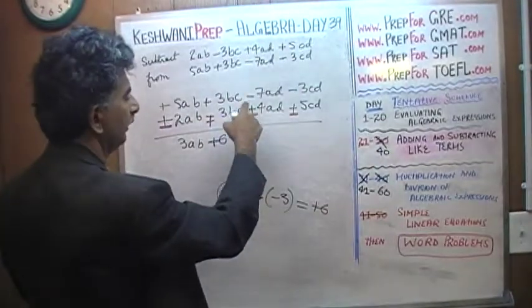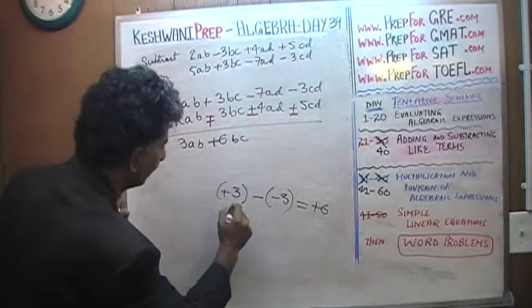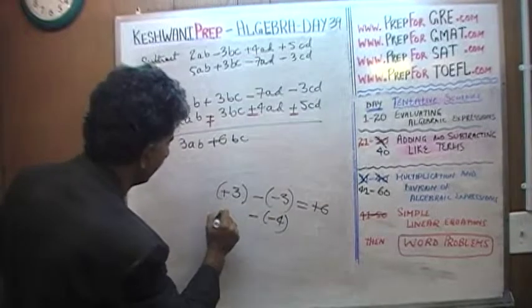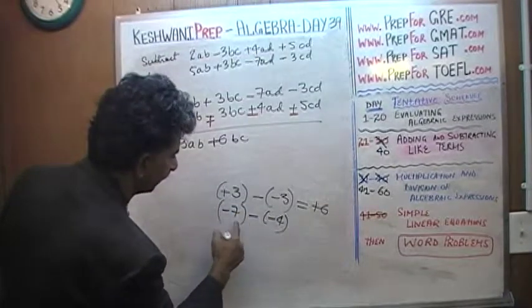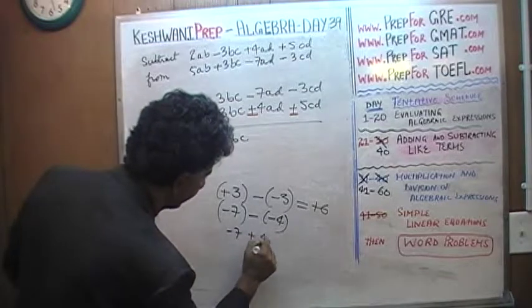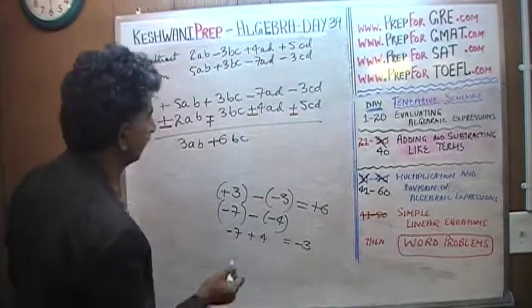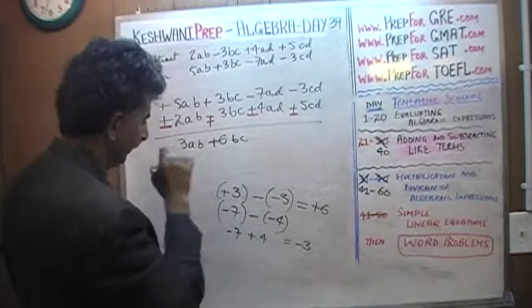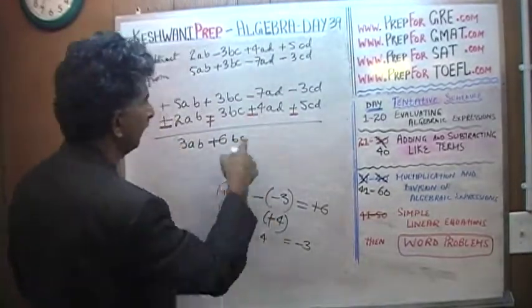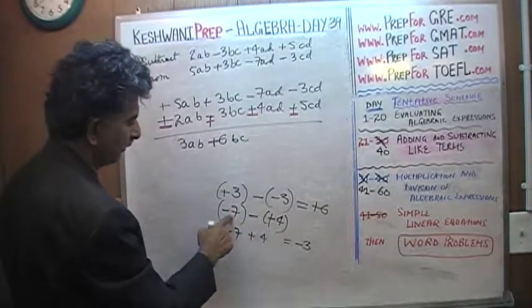Same thing is going on here. We're being asked to subtract negative 4 from a negative 7. So this negative and negative is going to become positive. So what we have is negative 7 plus a positive 4, giving us a negative 3. Except that's not what I'm getting here. Oh, we're being asked to subtract positive 4, sorry. We're being asked to subtract positive 4 from a negative 7.